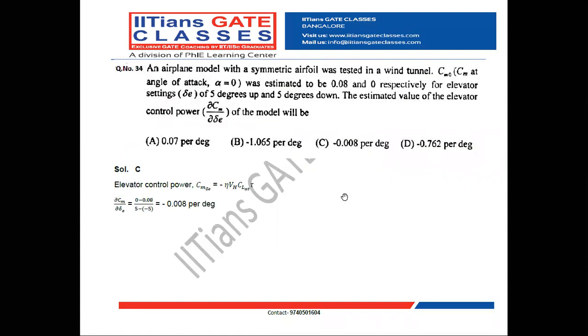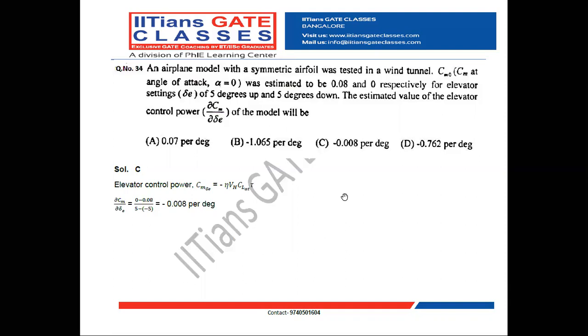Question number 34. An airplane model with a symmetrical airfoil was tested in a wind tunnel. Cm naught, that is pitching moment at zero angle of attack, was estimated to be 0.08 and 0 respectively for elevator settings of 5 degree up and 5 degree down.